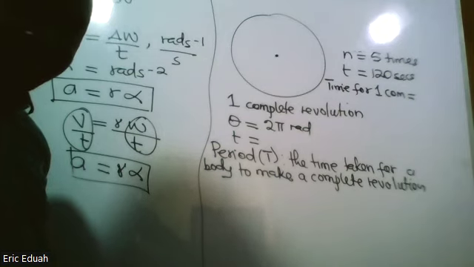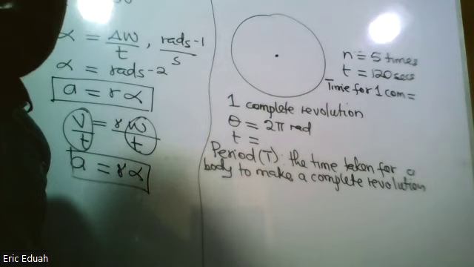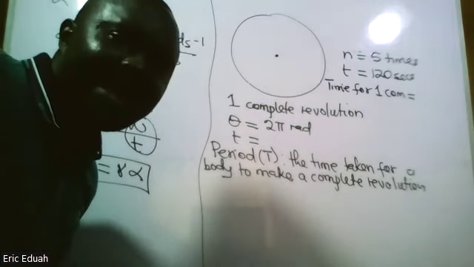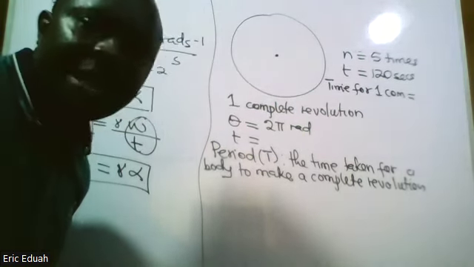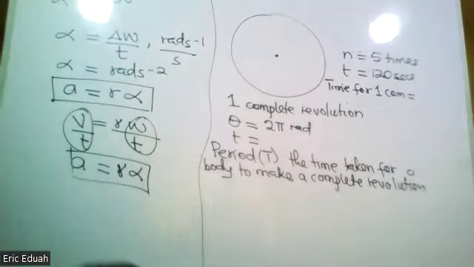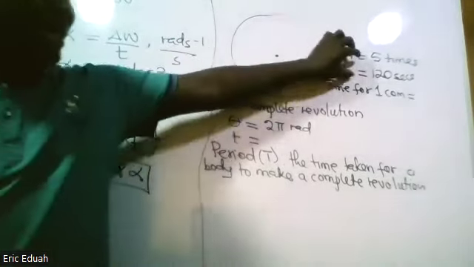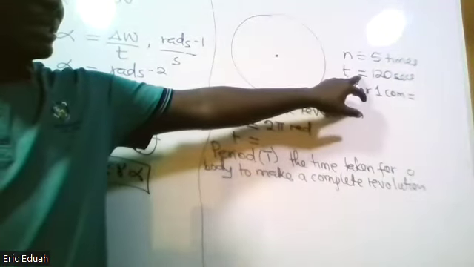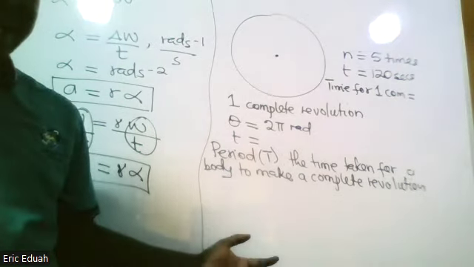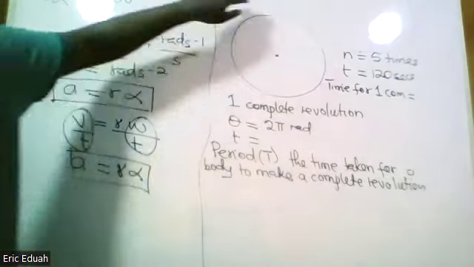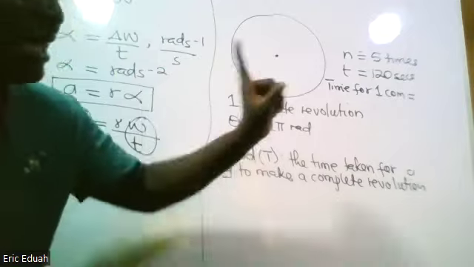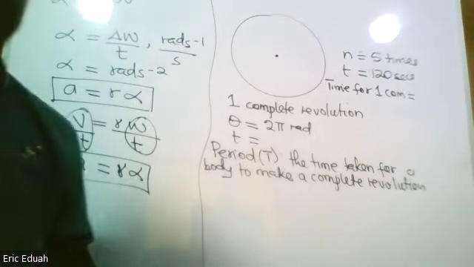Anybody? Who will help me? Stephanie. My problem is this. She takes a total of 120 seconds to make 5 complete revolutions. So if I need the time taken by Lizzie to make 1 complete revolution, how do I calculate it?